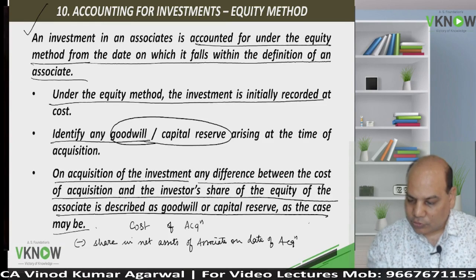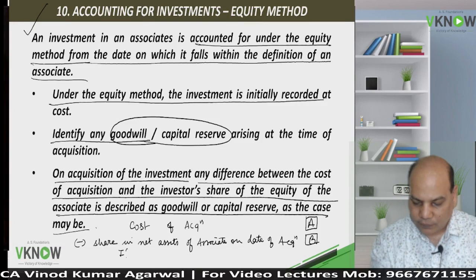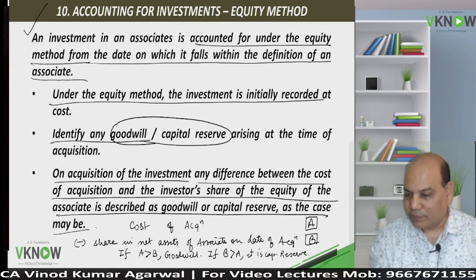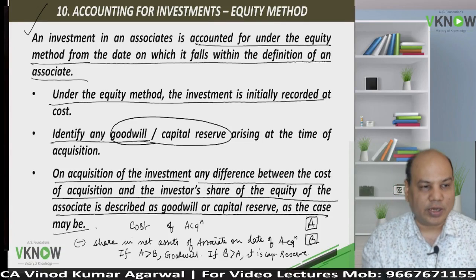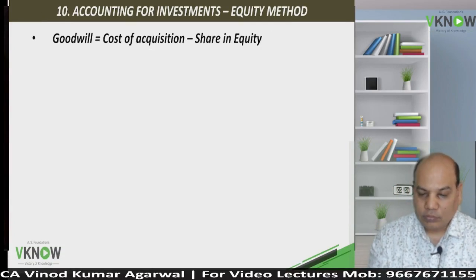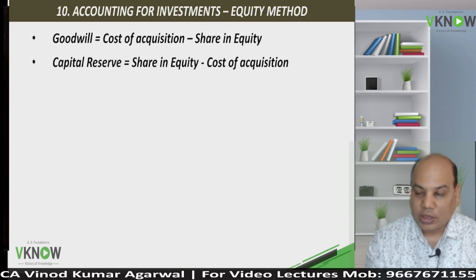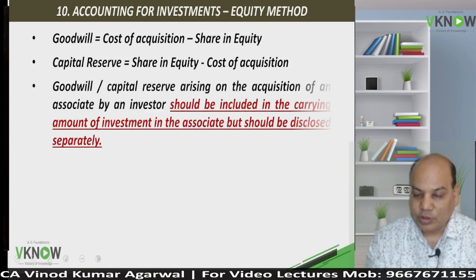Let us call it A, let us call it B. If A is greater than B, it is goodwill. If B is greater than A, then it is capital reserve. Example already given in our previous paragraph number 8. Is it right? So goodwill will come when cost of acquisition is more than share in equity. Capital reserve will come when share in equity is more than cost of acquisition.